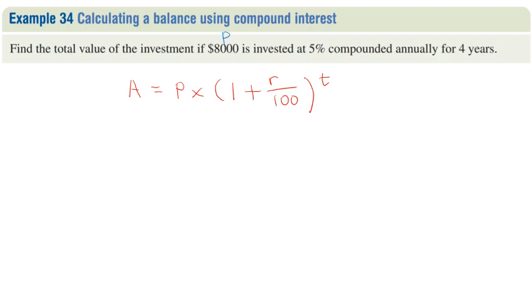The R is the rate. That's always the one with the percentage, so it's 5. And the T is the years. Okay, so now I can substitute that into the formula. So I've got A equals 8,000 times 1 plus 5 divided by 100, close bracket, to the power of 4.